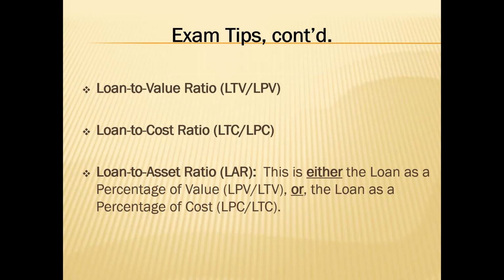Usually the value is higher than the cost, so the bank will normally lend on the cost if the cost is lower. Where a person is purchasing real estate, it may be valued at $100,000, but it's being sold for $95,000. Then the bank will make the lending ratio based on the $95,000, not the value of $100,000.